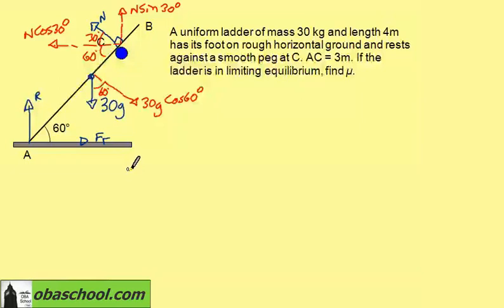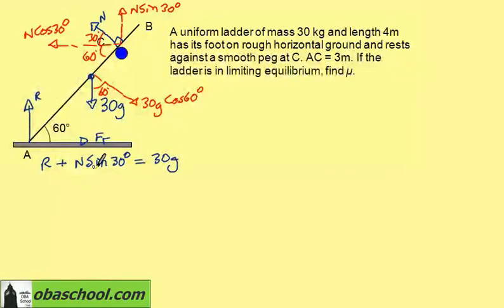If we resolve vertical forces, the forces upwards, which are the R and this component of N, must be equal to the forces downwards, and that's only the 30G. So R plus N sin 30 would be equal to 30G.